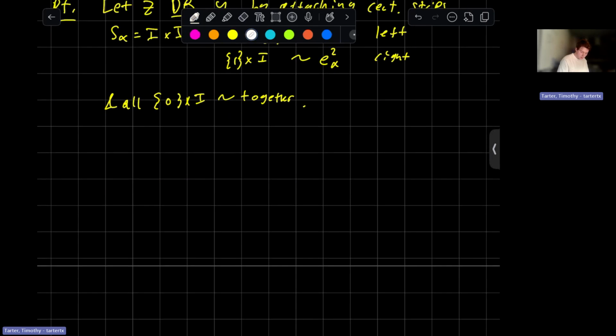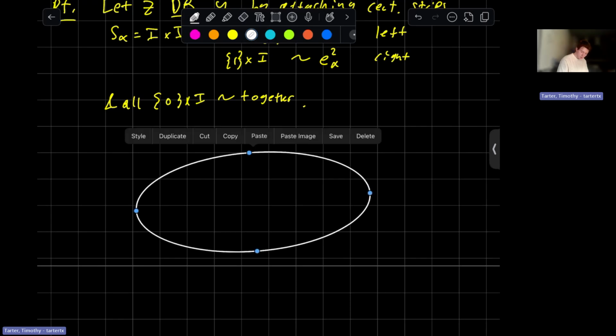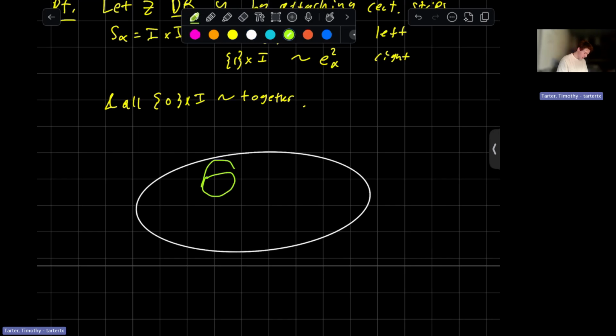Hatcher has a picture that basically looks like this: you have your two-cell and you have your other two-cell. Then a point on its top is y_alpha, which we're going to pick in the next paragraph, so don't worry about that just yet.